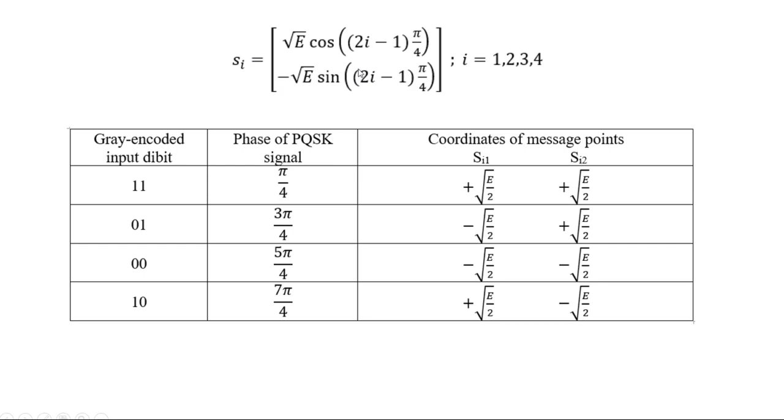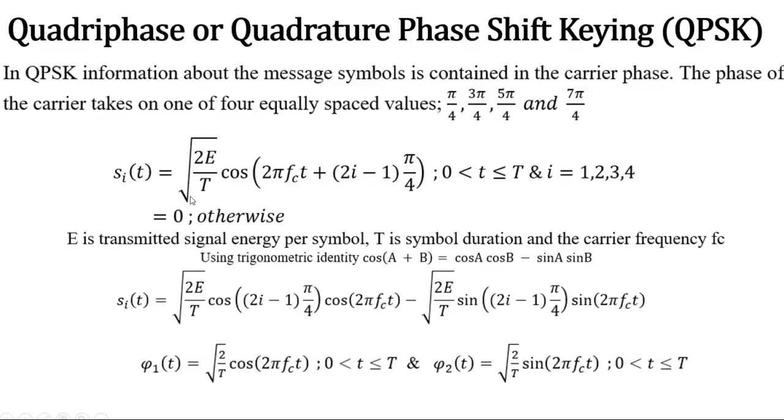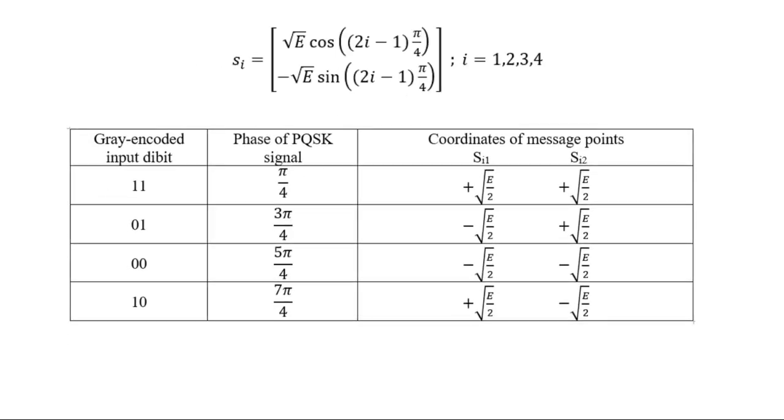I have plotted the table according to the equation, substituting the different values of i. In QPSK, each symbol is of 2 bits, and the dibit is encoded as Gray code. You know Gray coding: consecutive symbols differ in only a single bit. The dibits are 11, 01, 00 and 10.